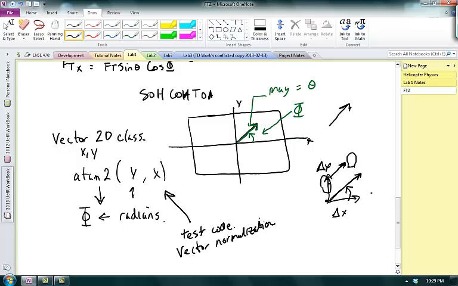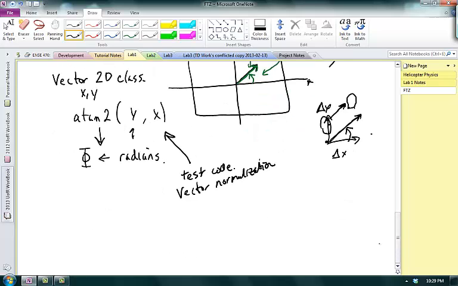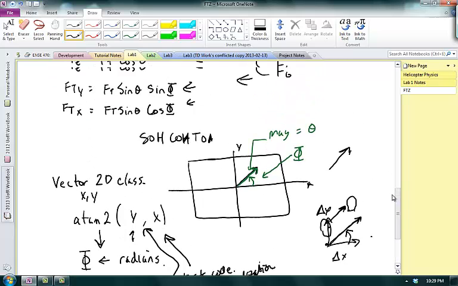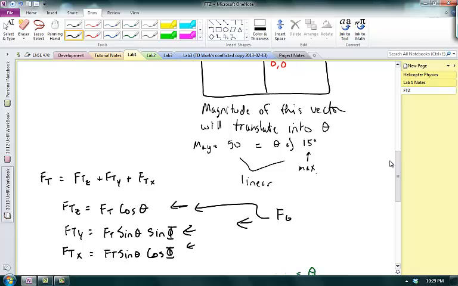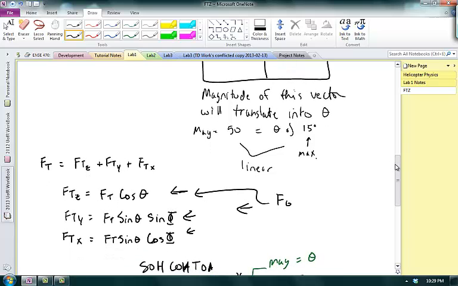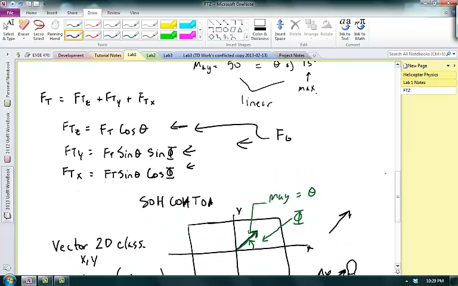And the only wrinkle was, in their test code, is they swapped these parameters by accident. So I think that they had a little bug there. But you want to have it y comma x, and I believe they had x comma y, so you have to be aware of that. But now that you have theta and phi, you just use these formulas right there. And you can move your helicopter anywhere.